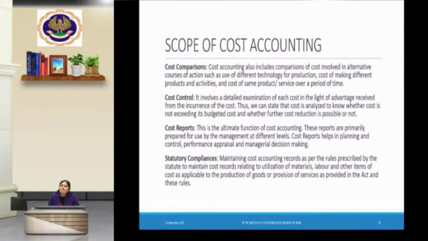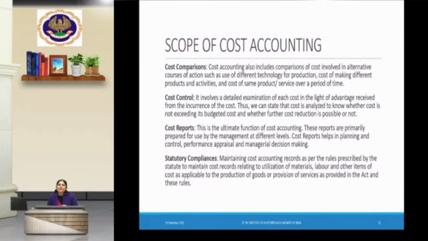Whatever we do, whenever we invest, whenever we go to buy anything in the market, we always compare the cost. That is exactly what cost accounting also does. We do cost comparisons of different factors of the same product or service over a period of time also. We compare the cost of a product over different periods of time.